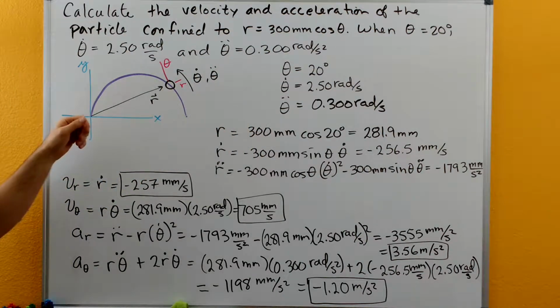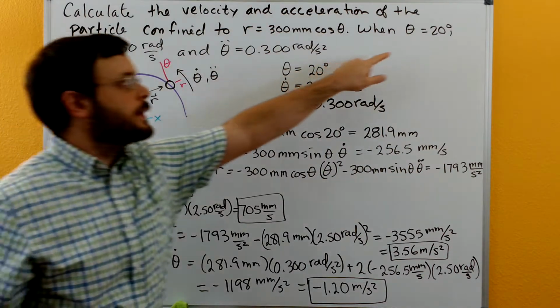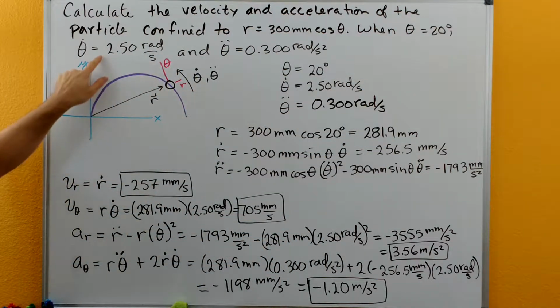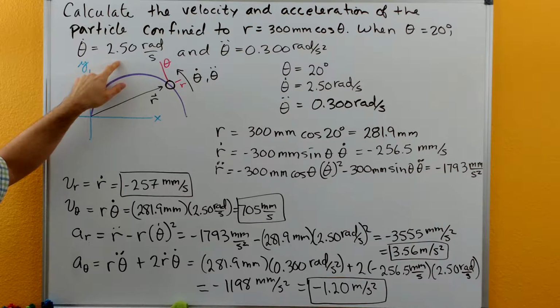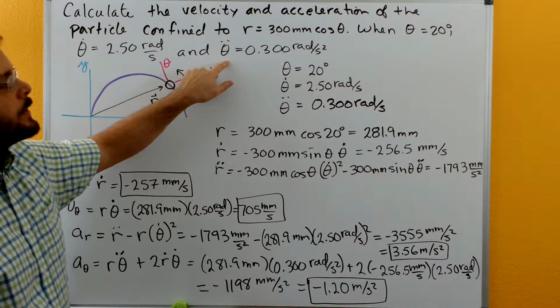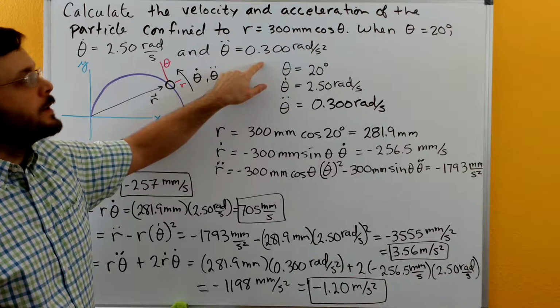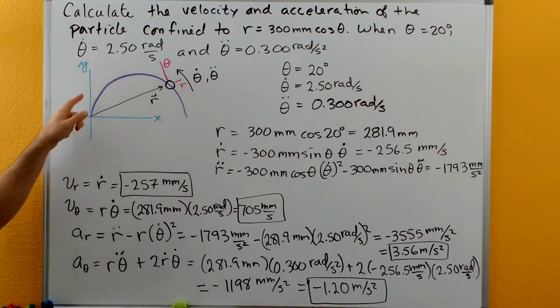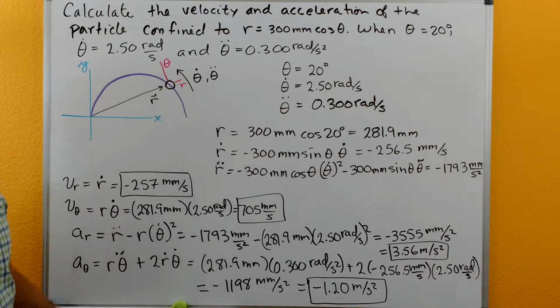We're looking at the velocity and acceleration exactly at this point when theta is equal to 20 degrees, and we have this information that theta dot is 2.5 radians per second, and theta double dot is 0.3 radians per second squared. So here's our curve that's generated by r is equal to 300 cosine of theta.